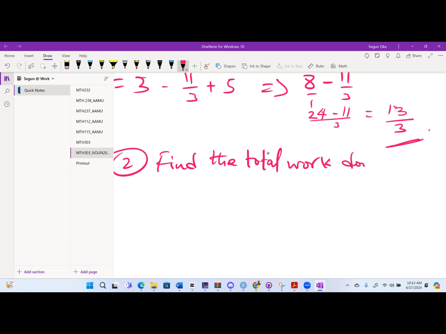The total work done. You remember those of us in physics?